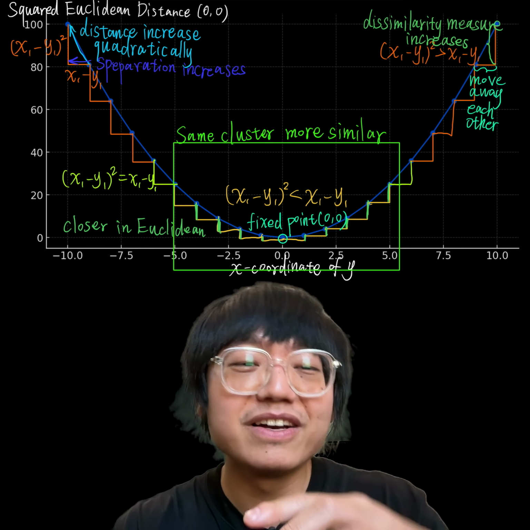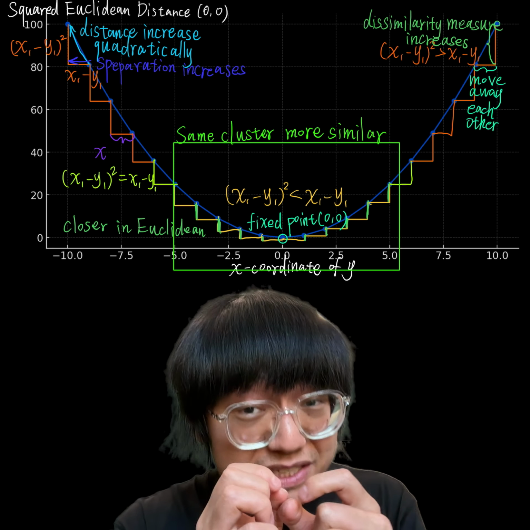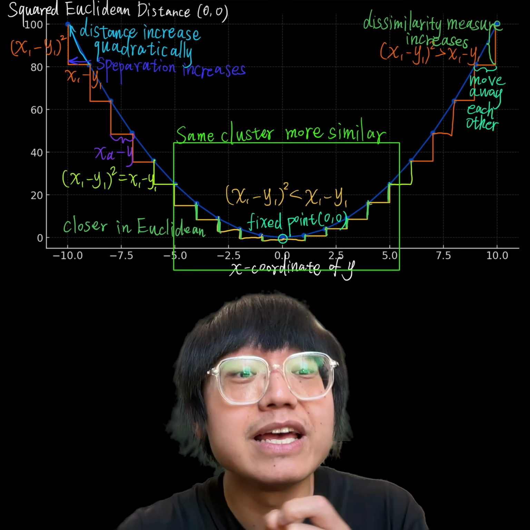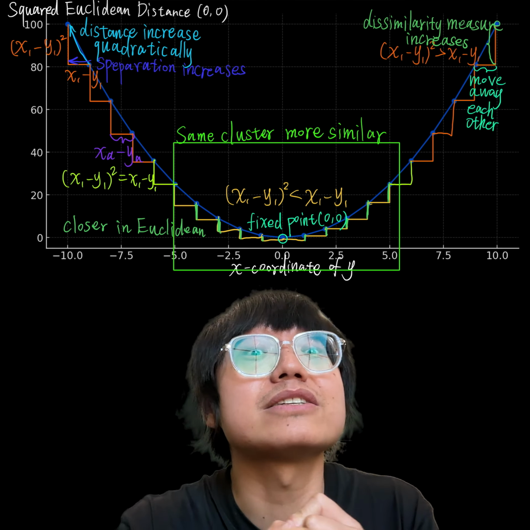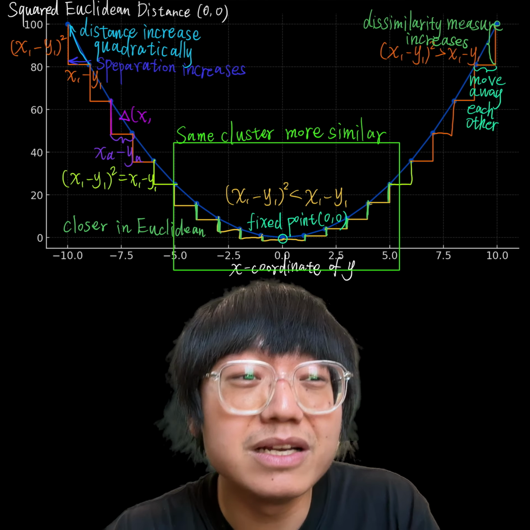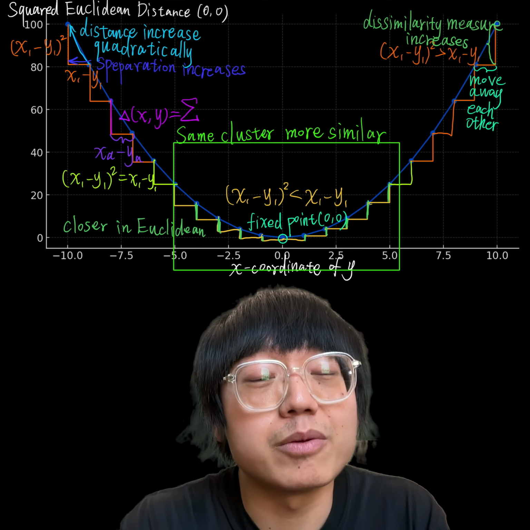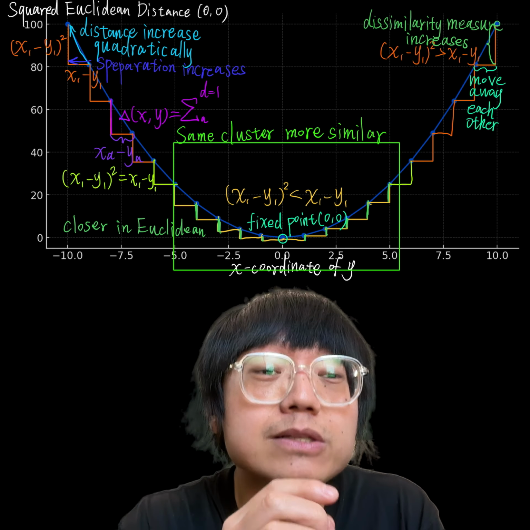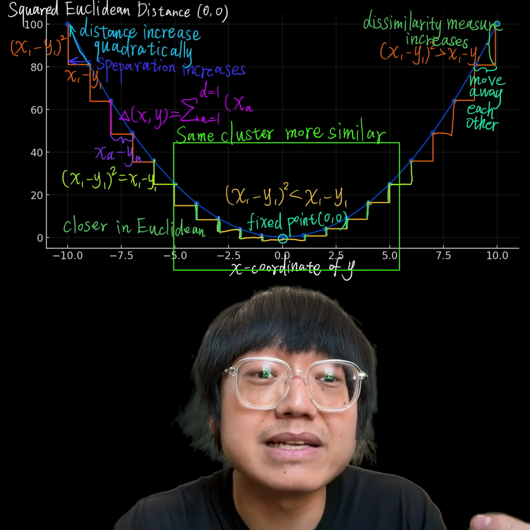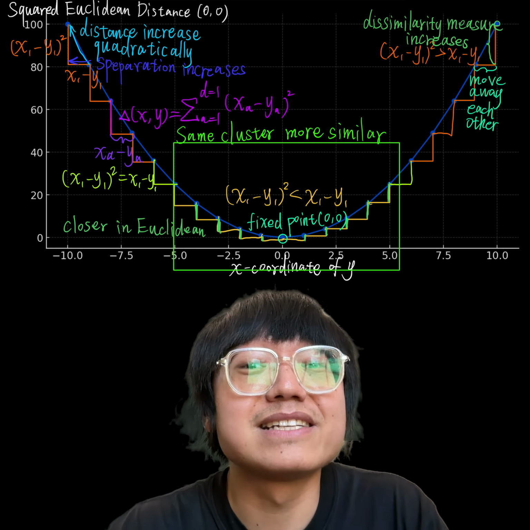This graph illustrates how the squared Euclidean distance from a fixed point at 0, 0 changes as the other point y moves along the x-axis from -10 to +10. This distance is calculated using the formula delta of xy equals the sum from a equals 1 to d of the quantity xa minus ya, all squared, where d is the dimensionality.